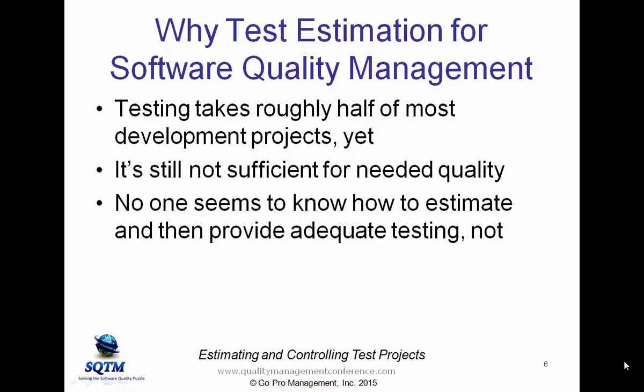Estimating what it'll take to do the testing is a big issue. The problem is universal, that people have a lot of difficulty knowing how to estimate. And then regardless, they have a lot more difficulty actually having sufficient time to provide the adequate testing.